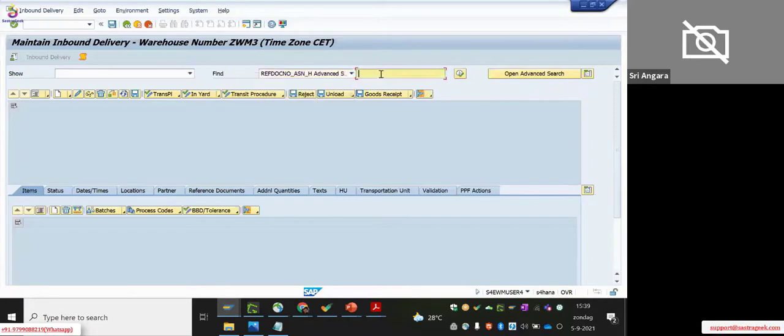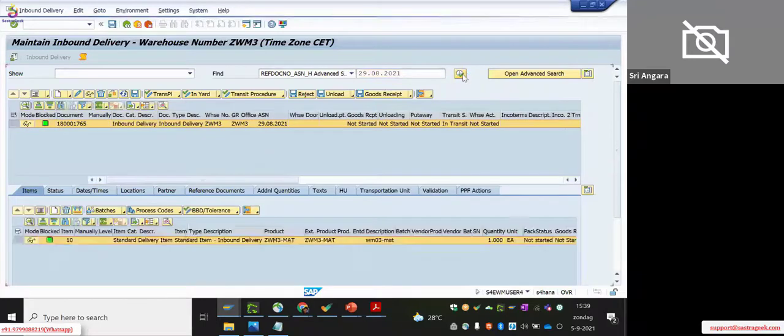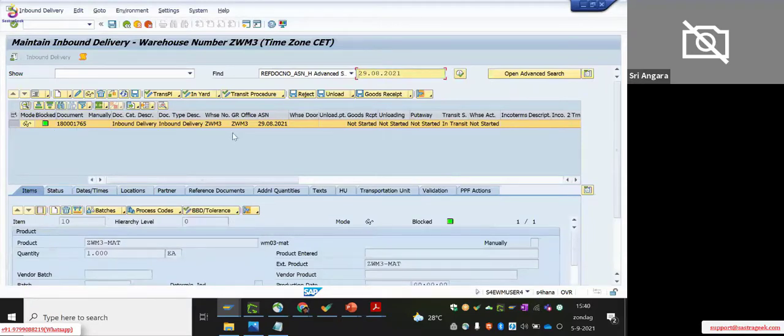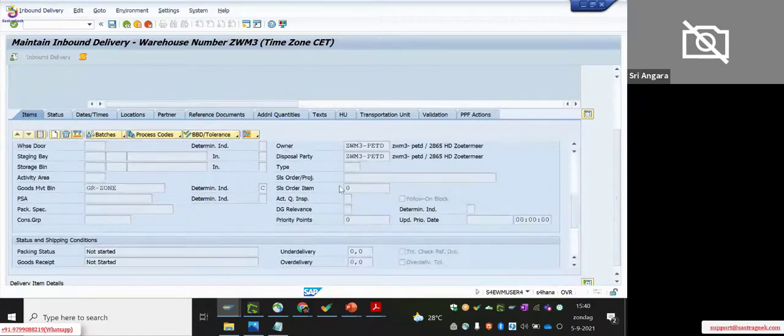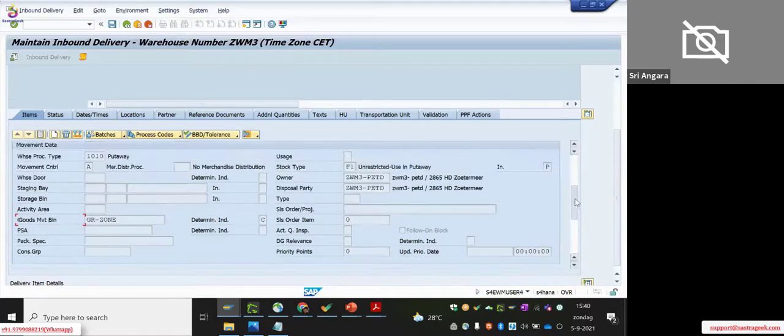If I'm not wrong, this is the ASN which we have used, and this is the warehouse product which we have created, of 1,000 eaches. We understood that the system is trying to have the goods movement bin of this particular ZR zone, which is nothing but your staging area.